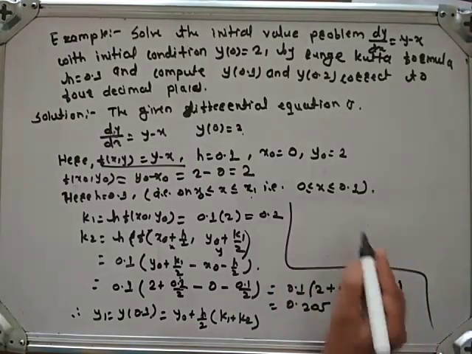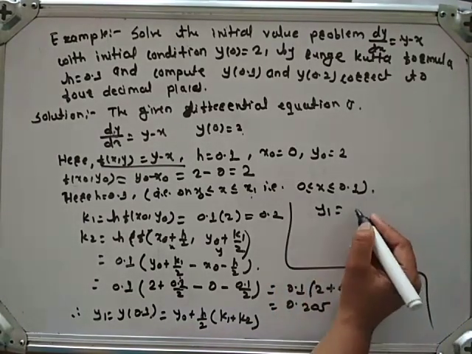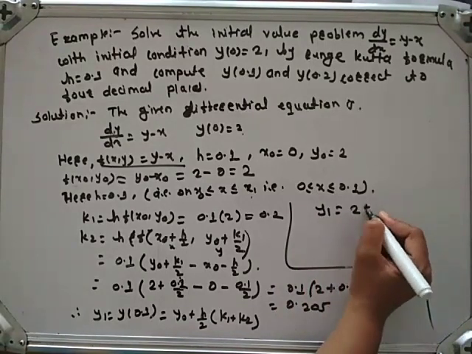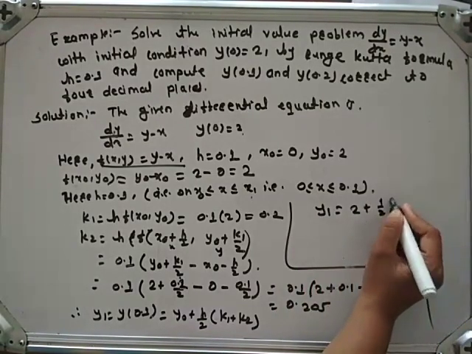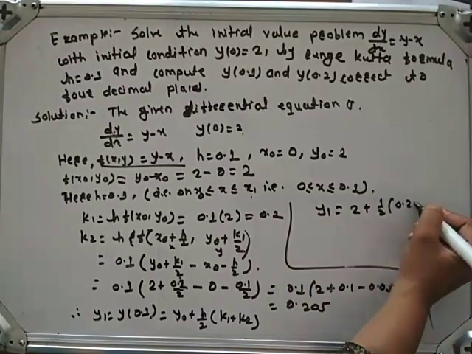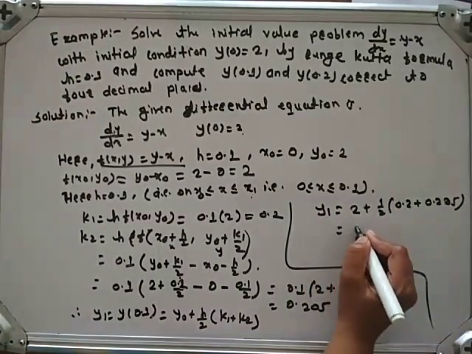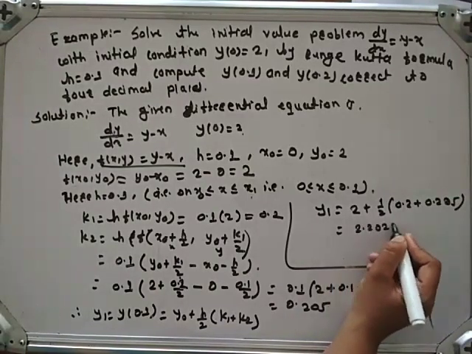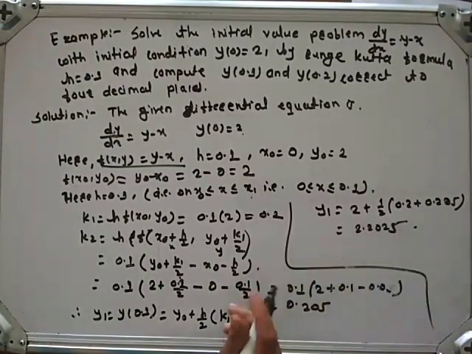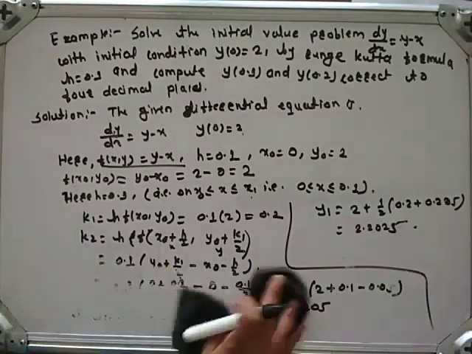So y1 becomes 2 plus 1 by 2 into 0.2 plus 0.205, which is 2.2025. So y1 is 2.2025.